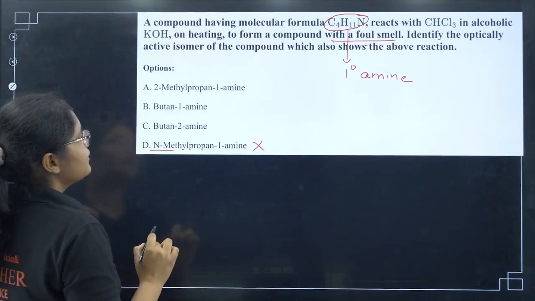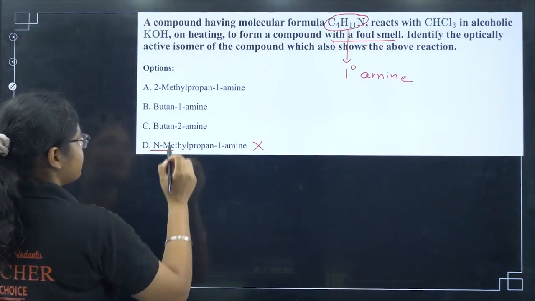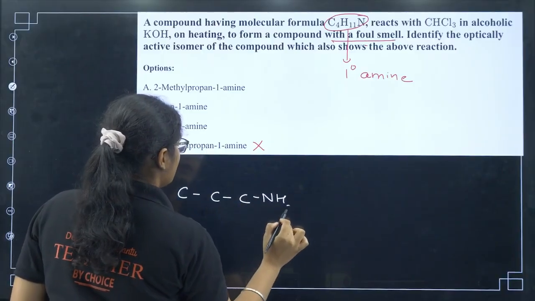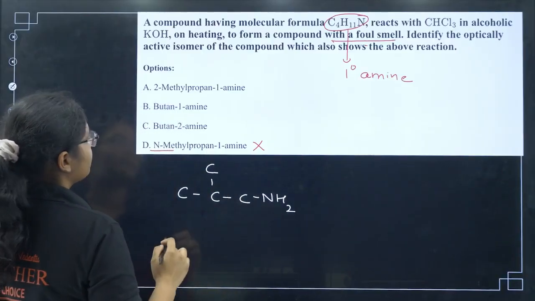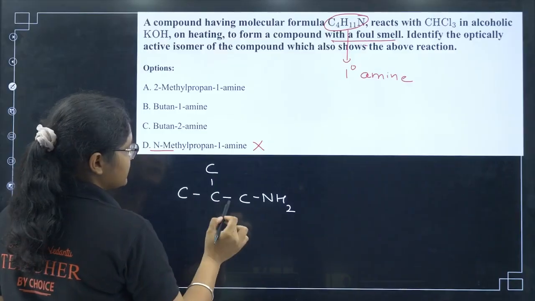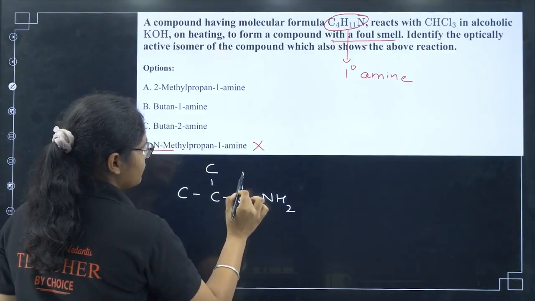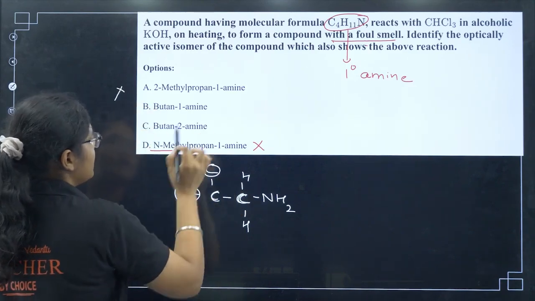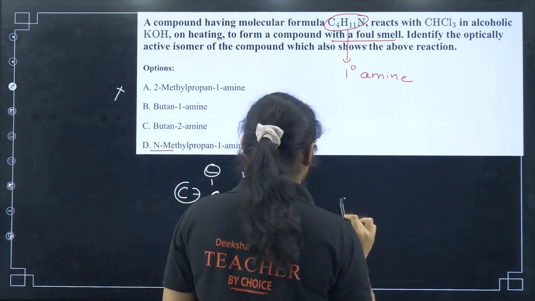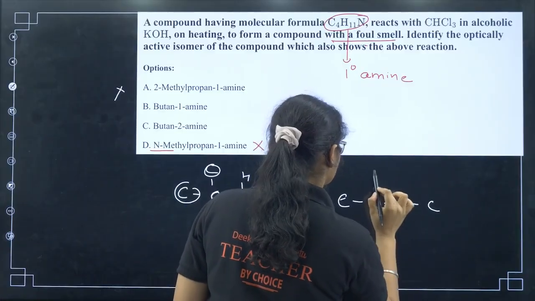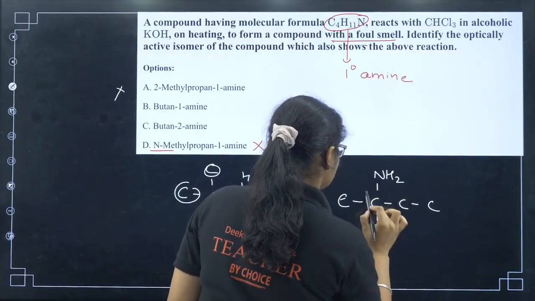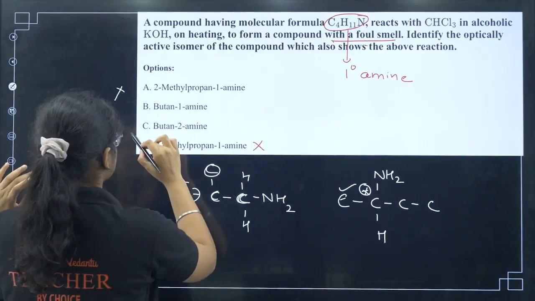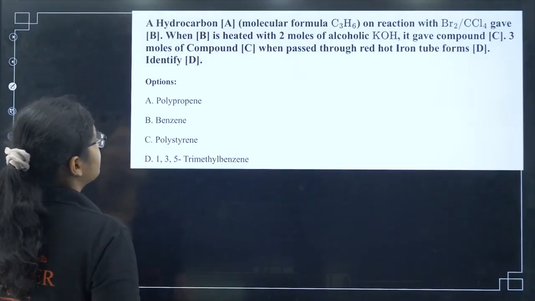If I draw 2-methyl propanamine, on this carbon you have 2 H groups and 2 methyl groups, so this is not optically active. Butanamine is also not optically active. Now for butane 2-amine, on this carbon we have all 4 different groups. So the correct answer is option number C, butane 2-amine.